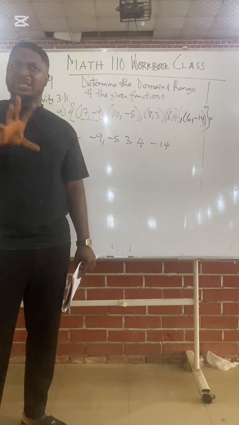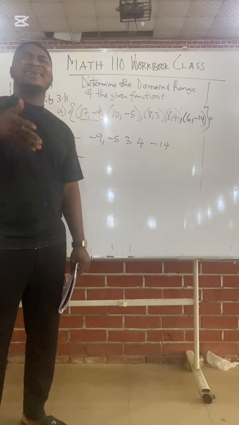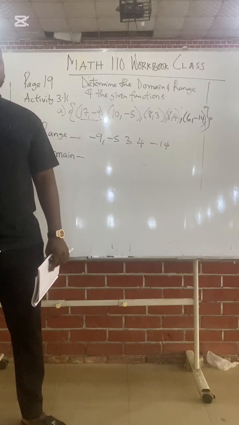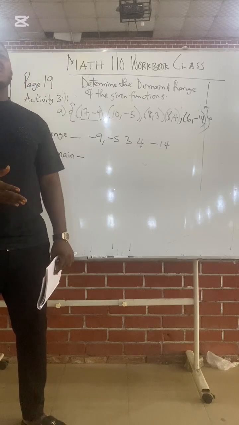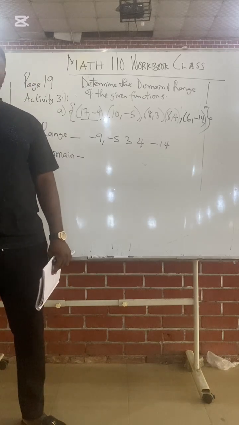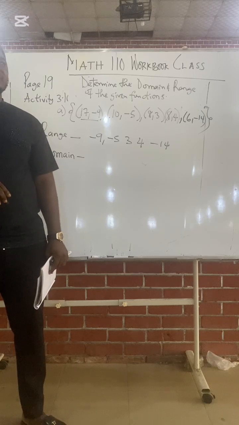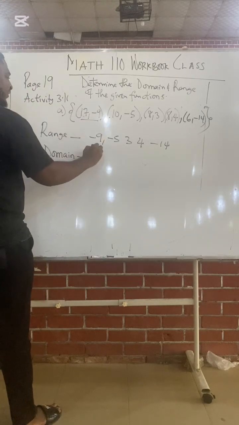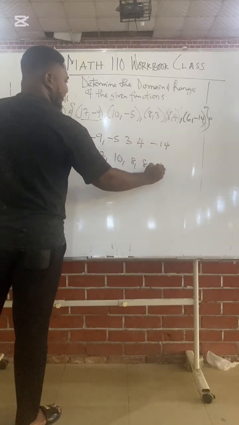There are conditions that make relations to be functions. That's why we explain the concept of domain, codomain, and range. Class, there's something called codomain before you enter range. I'll get to that another day. But domain is the first entry: 17, 10, 8, 8, 6.